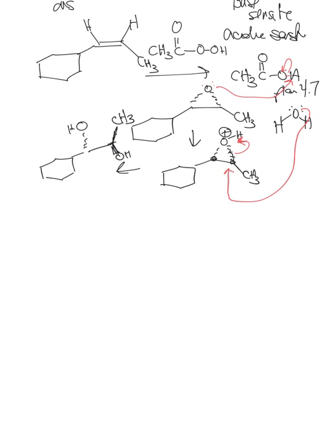So when you do stuff like we've talked about, ozonolysis, and then you add DMS and water. Dimethyl sulfide actually breaks up the ozonide.